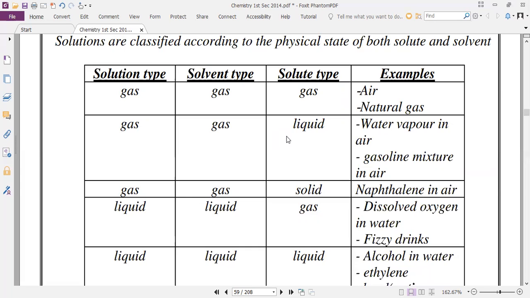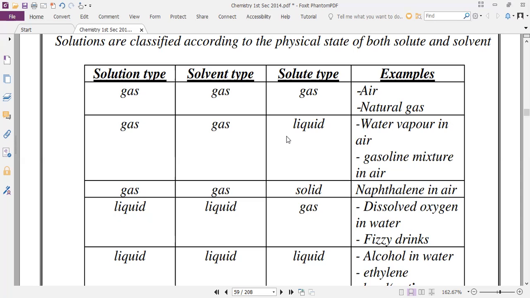There is another gas solution, liquid in gas, as water vapor in air, or gasoline mixture in air. It's called liquid gas solution.